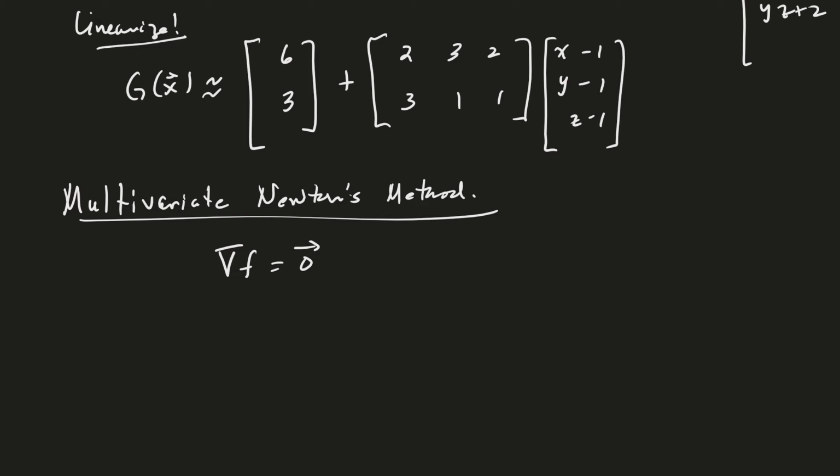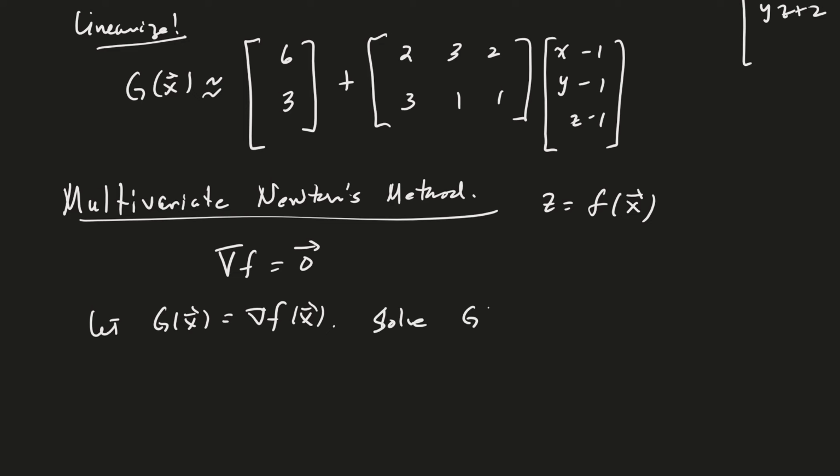So that comes from if we have a z equals f of x. So now, this is why I use g in this last notation. Let g of x be equal to the gradient of f of x. Okay? Then what we want to solve is g of x equals 0.